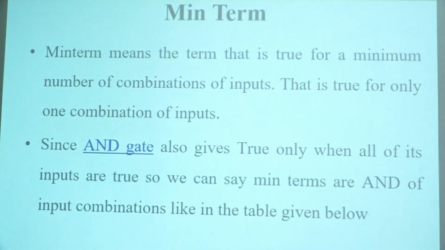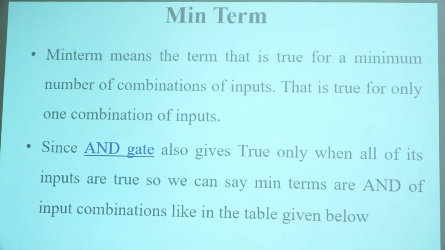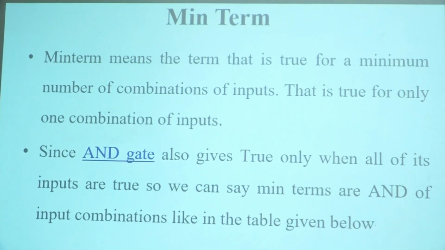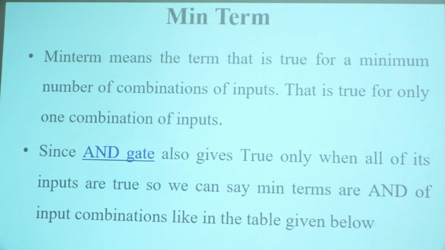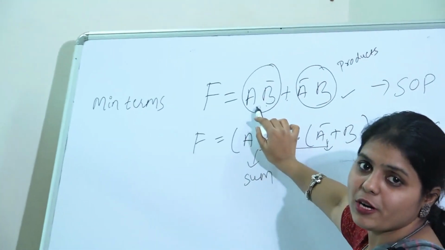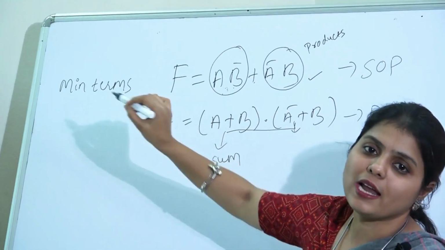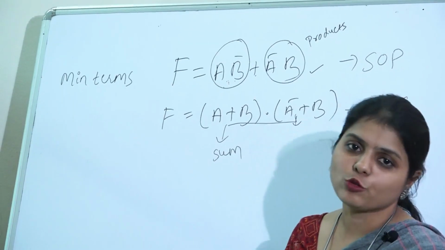Basically we get the minimum number of combinations of inputs for AND gates, right? An AND gate gives true only when all of its inputs are true. That is the reason we get the minimum number of terms for which the output is true when we use an AND gate. So these product terms that we are discussing are called min terms. Please make a note of this.